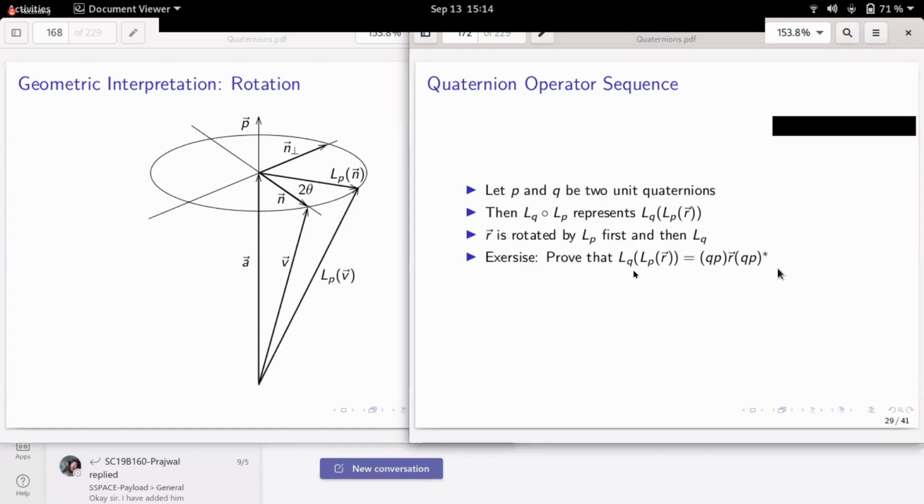So transposes, star operations, all of these are related in some way, in the sense they are generalizations of each other. If you think of transpose as a star operation or star as a transpose operation, we can relate them. In fact, in one of the classes, we had equated these complex numbers to matrices, if you remember.